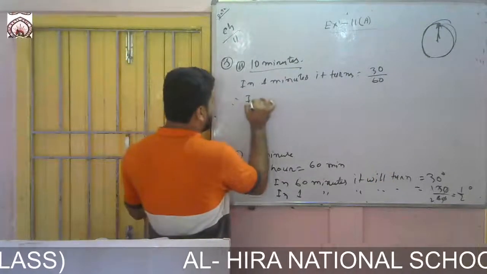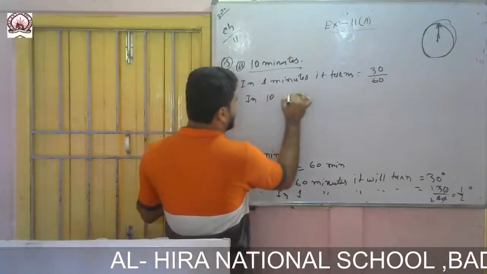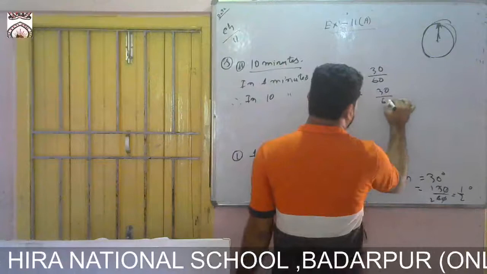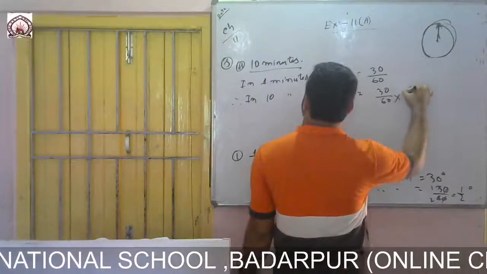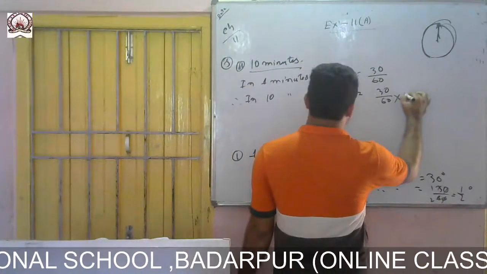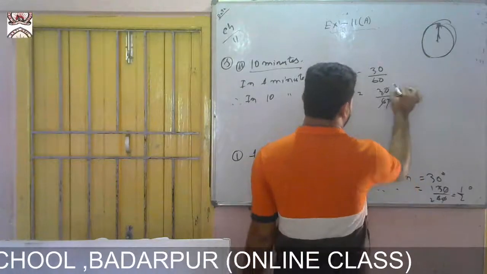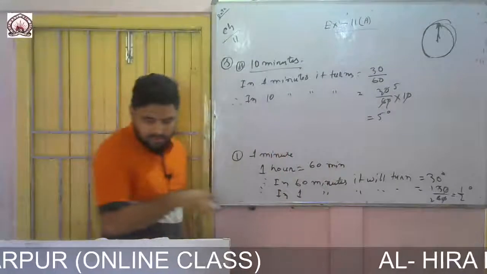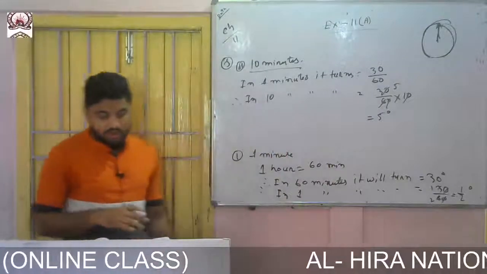Therefore, in 10 minutes it will turn 30 by 60 into 10. Okay, 0 0 cancel. 6 5s are 30. It is 5 degree. It will turn 5 degree.